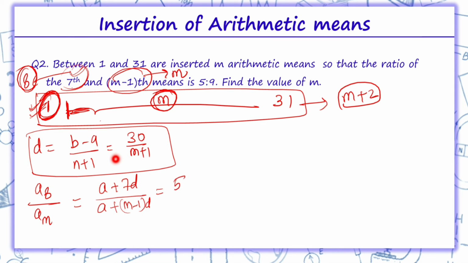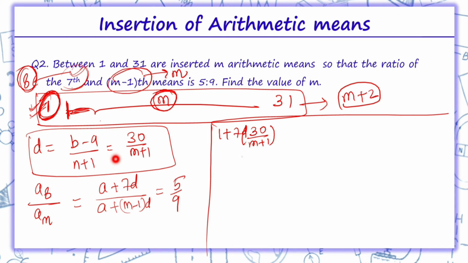The ratio is 5:9. Thus, we'll get over here 1 plus 7d, and d is 30 by (m plus 1), then 1 plus (m minus 1) into 30 upon (m plus 1), the ratio is equal to 5:9.